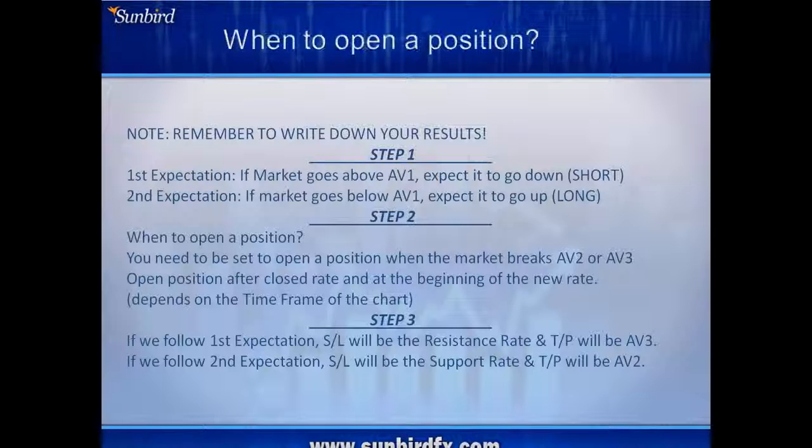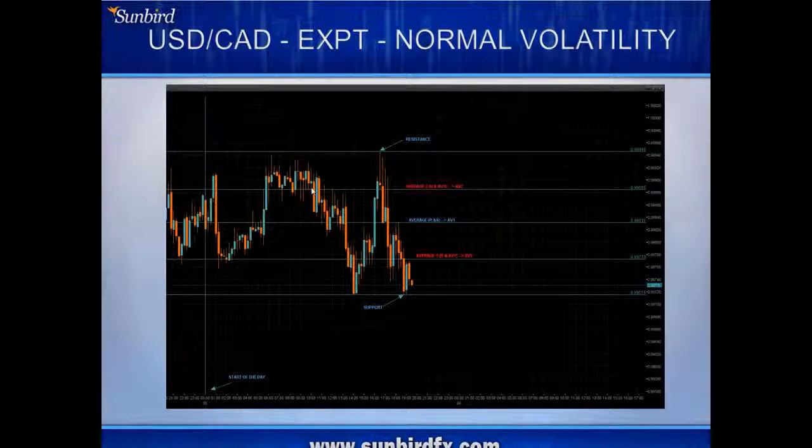Let's do our second expectation. If the market goes below average 1, expect it to go up, to go long. So here it went back down.